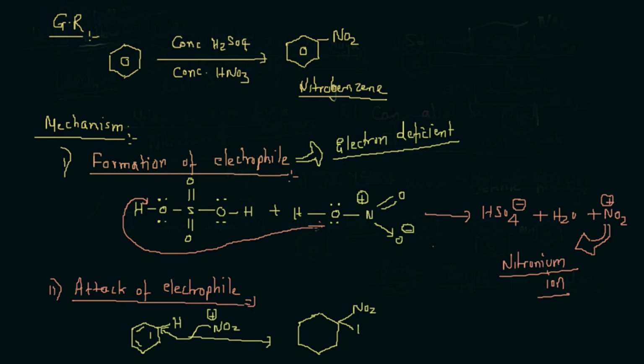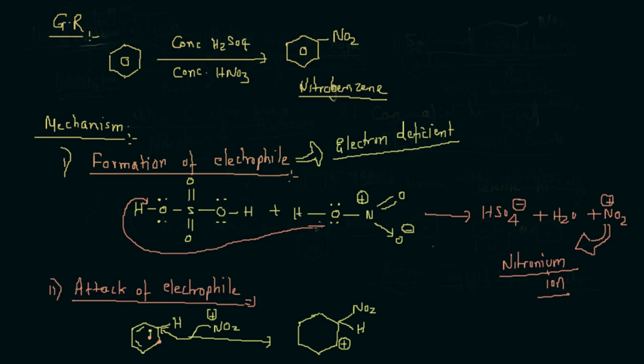Then we have this particular intermediate. This is NO2 and this is H, and this carbon gets a positive charge. Because among these two carbons, the first one is the carbon to which the nitronium group is coming, and the second one, which I show in red color, is being transferred to the nitronium group.